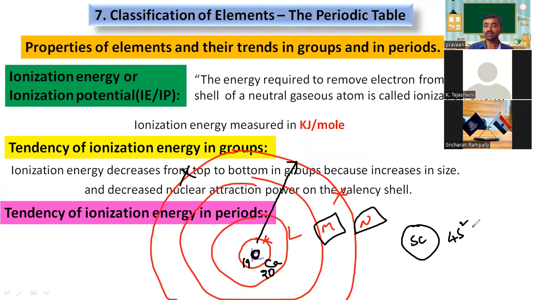4s2 3d1. So it is entering into the third shell, n equal to 3. So the differentiating electron enters into the inner shell. So for scandium, is the atomic size increased or decreased?